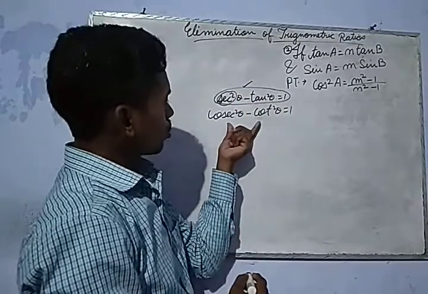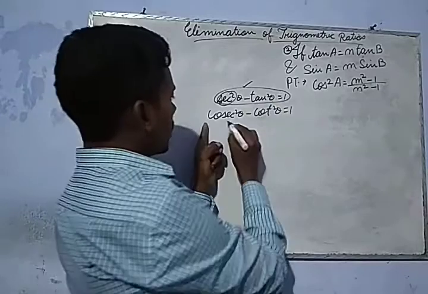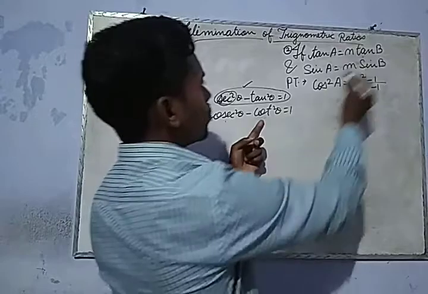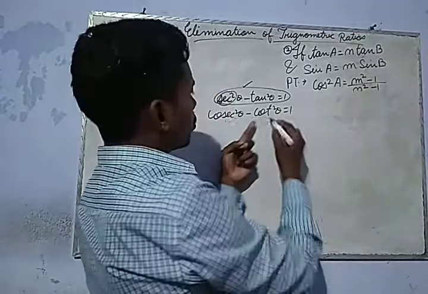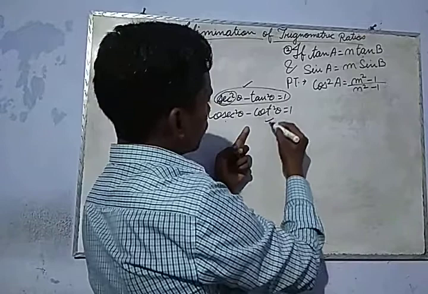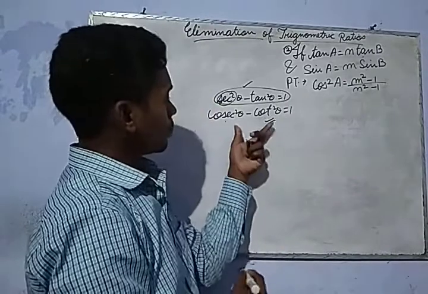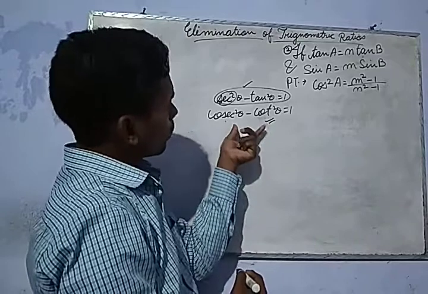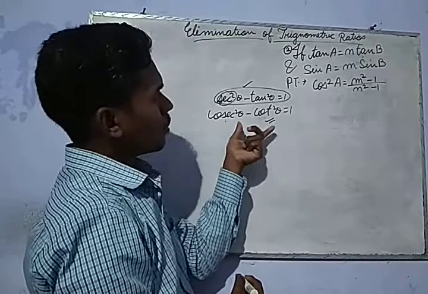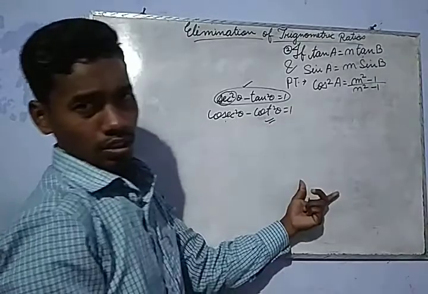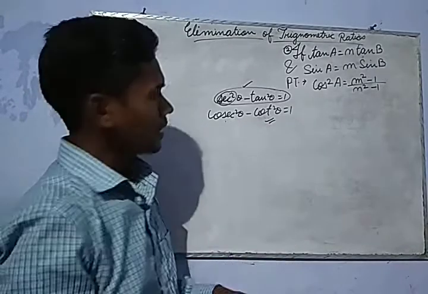So when we go to this formula, we see that cosec is the reciprocal of sine and cot is the reciprocal of tan. So in a way this formula is most suitable, so we will try to use this formula for getting our solution. Okay, so let's see.